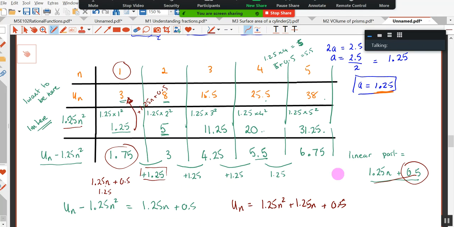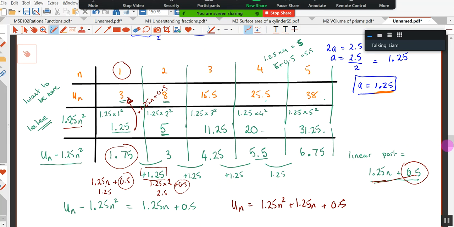But because we've already done the quadratic bit and we've done the linear bit, the bit left is the constant bit, so all of them are going to be the same. 1.25 times 2 is 2.5. I need 3, so it's add 0.5. It will always be the constant bit at the end, okay? So that's how we found that.